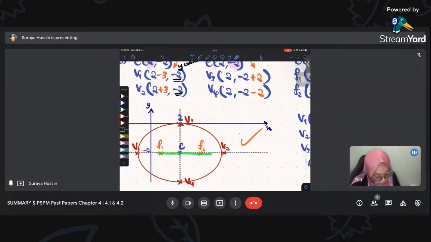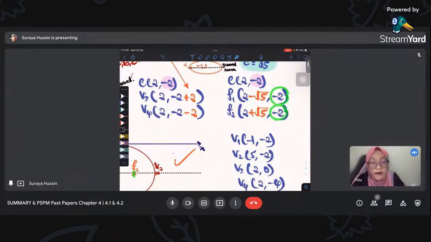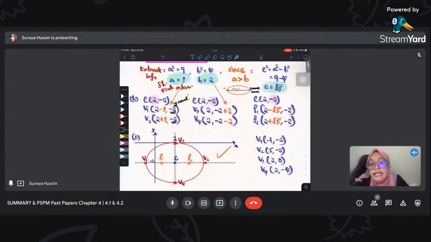So in this case, coordinate Y yang kekal, sebab dia masih pada line yang sama. Y equals negative 2. So Y coordinate dia kekal. Yang berubah adalah coordinate X. So you guys kena pandai baca koordinat apa yang berubah, koordinat apa yang ditambah dan ditolak. Okay, itu je sebenarnya tentang ellipses.